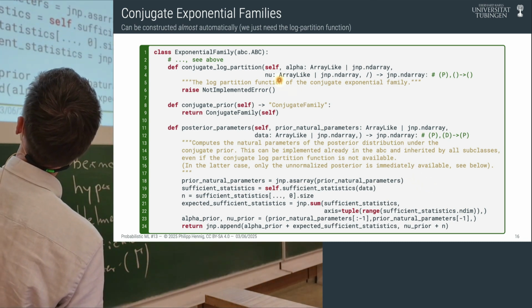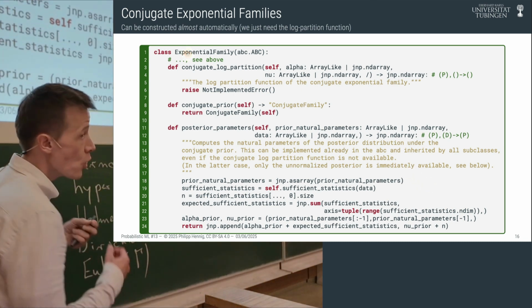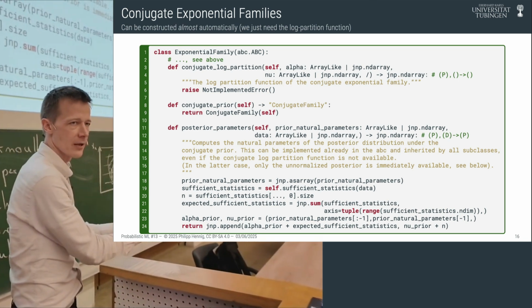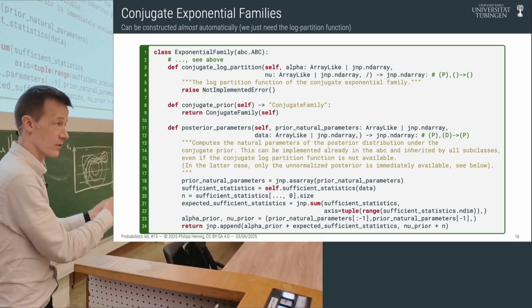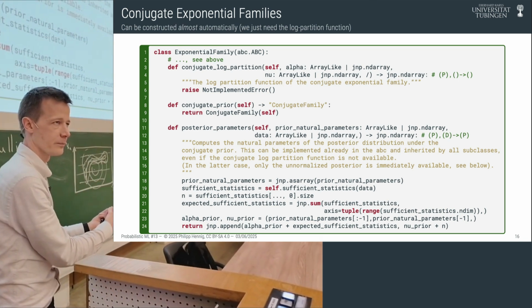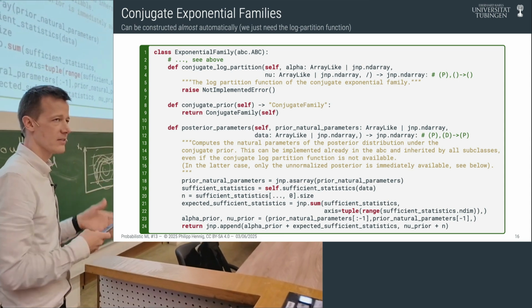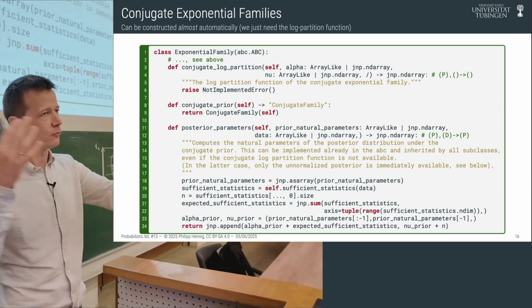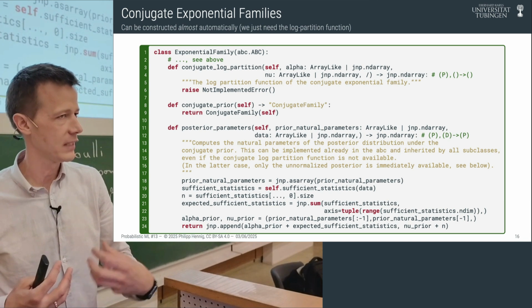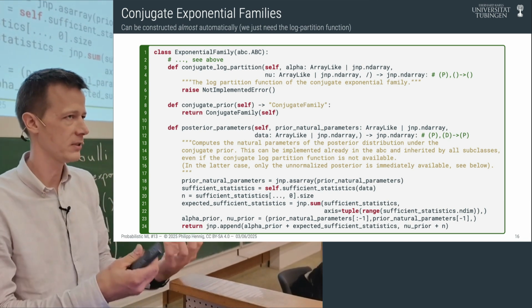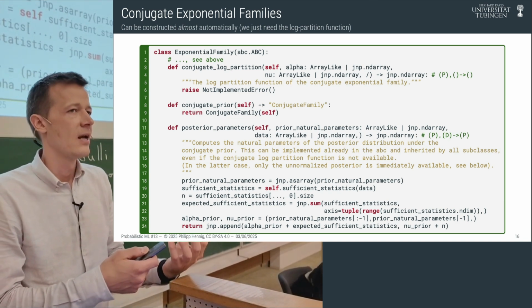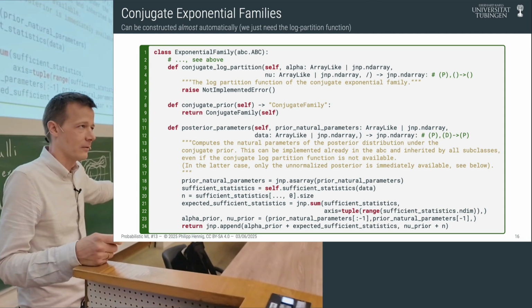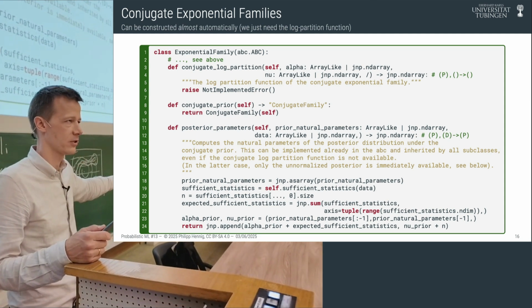Then you know that you have a conjugate prior, because every exponential family has a conjugate prior. And this conjugate prior is identified completely by what you already know yourself about yourself, namely your sufficient statistics and your log partition function, and an extra thing, which is this new log partition function f.